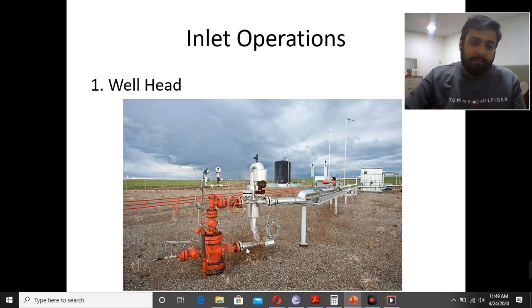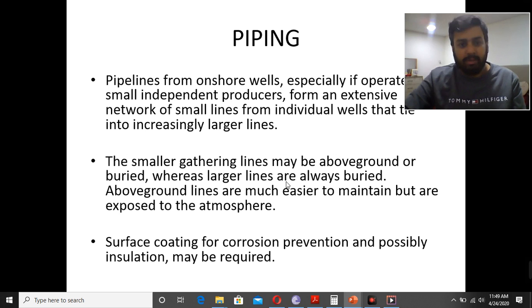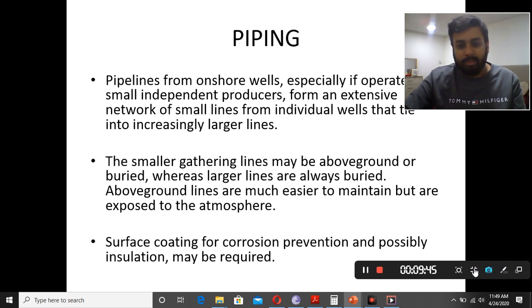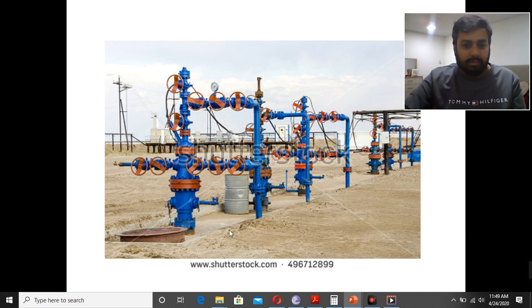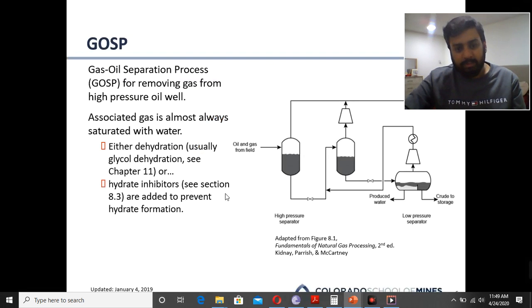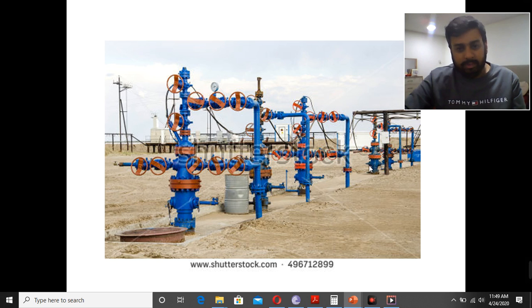Now, for example, if the reservoir has 10 wells like this one, or 12 wells, or let's say 5 or 6 wells, they have to gather together, and we gather them using the smaller gathering pipelines, we call them small gathering pipelines. So for example, we have how many wells? 1, 2, 3, 4, 5.